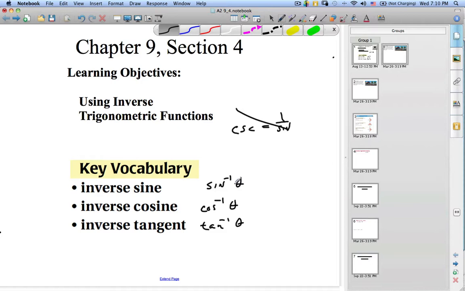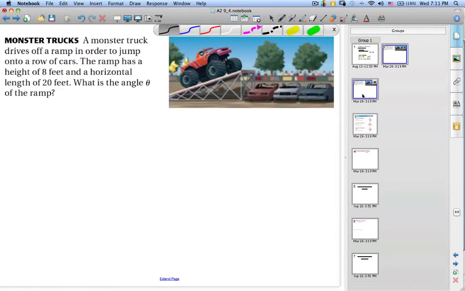When I use the inverse sine key, it's because I know the sine of the angle and I want to know what angle it was. So one allows you to find sine based on knowing the angle, and the inverse trig function lets you find the angle based on knowing its sine or its cosine or its tangent. Okay, so that's what we're going to work with in this particular section.